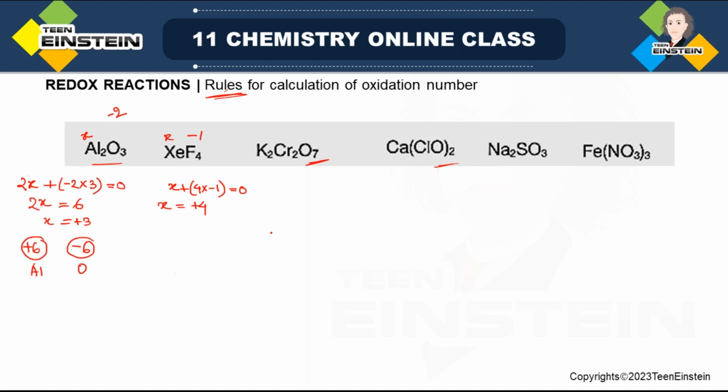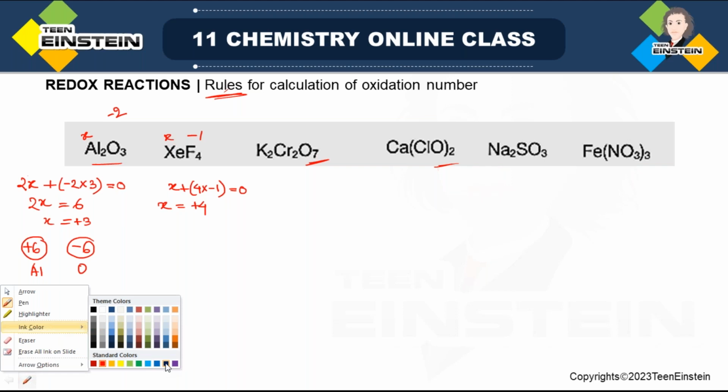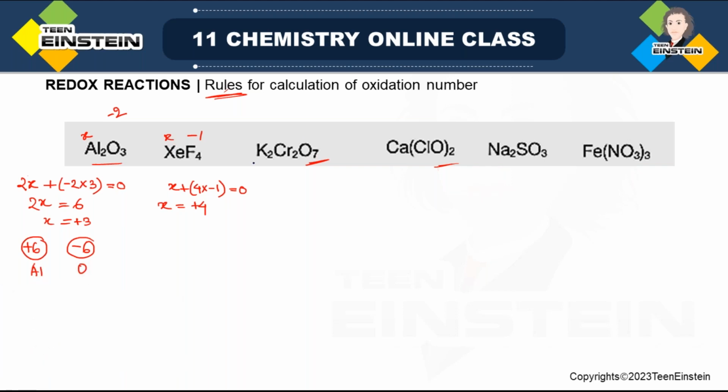The next molecule is K2Cr2O7. Now in K2Cr2O7, we know that the alkali metal potassium always has oxidation state +1, from the rules that we have already seen. And for oxygen, it is mostly -2. That means for chromium, what will be the oxidation state?